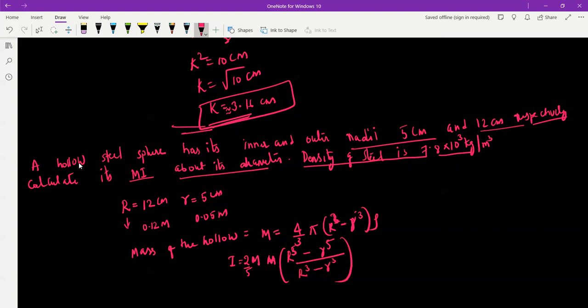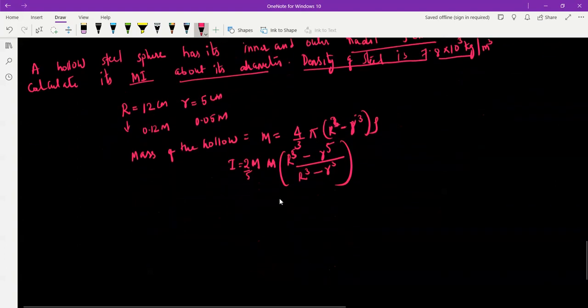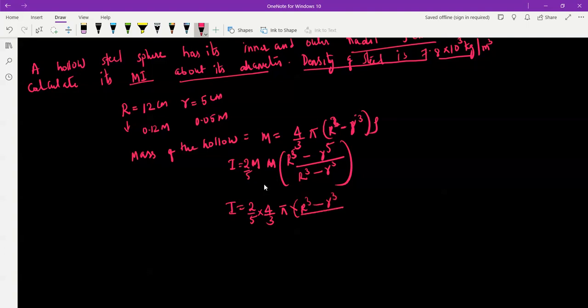So this is the hollow sphere's moment of inertia. So that is I is equal to 2 by 5, m is nothing but 4 by 3 pi, R cube minus small r cube, into rho, multiplied by.